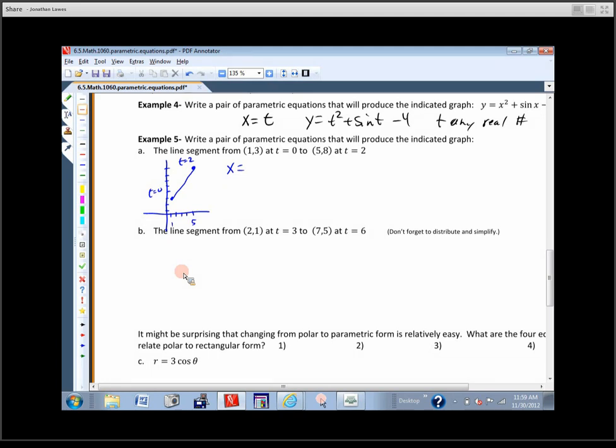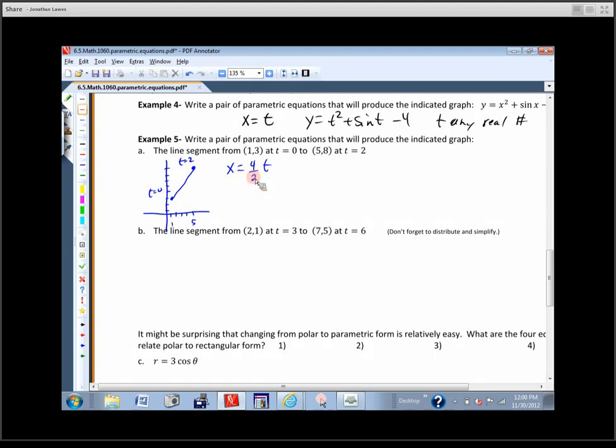2, right? So what I'm going to do is say, well, that's 4 over 2 times t. It's kind of like a rate of change or a slope for x. It went from 1 to 5 over the course of 2 seconds. Okay, now, if I plugged in a 0, I get a 0 out of this.